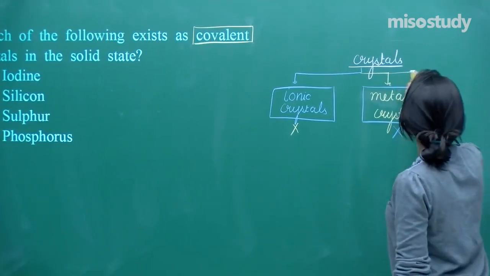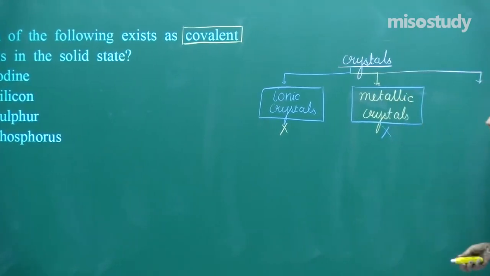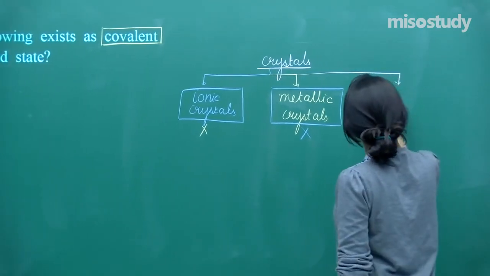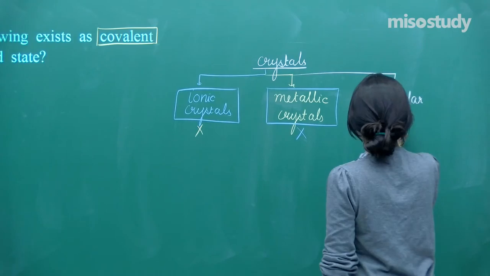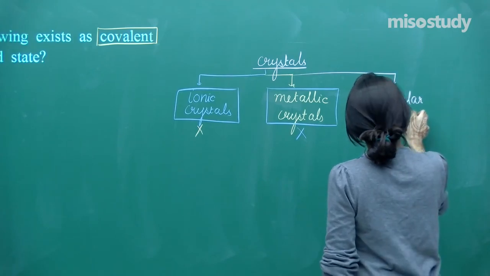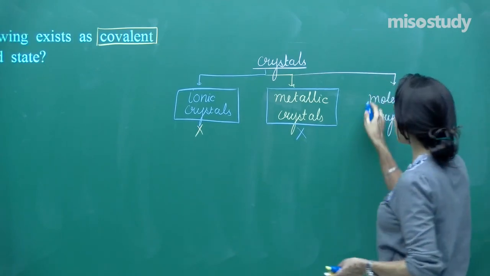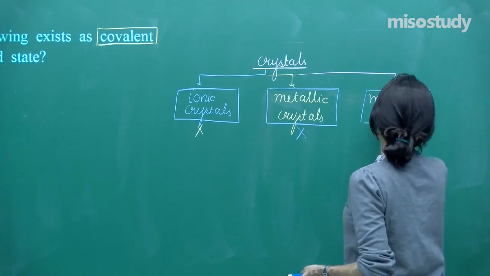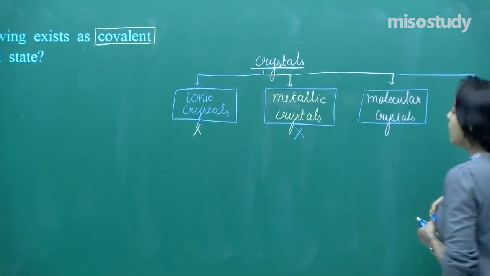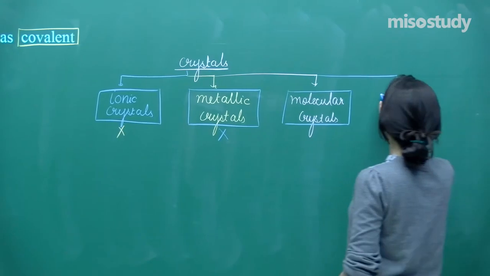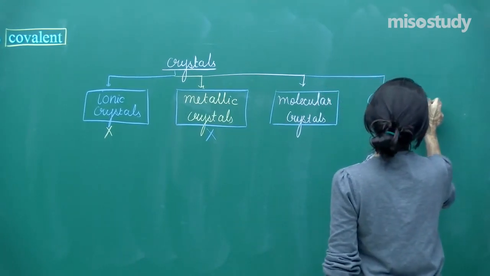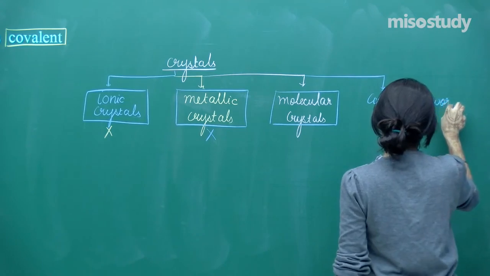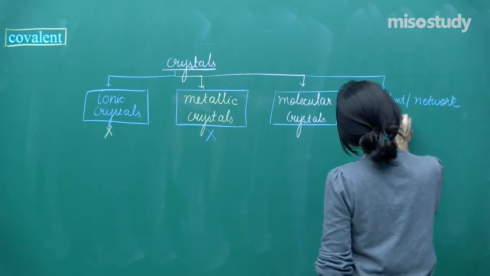Coming on to the third category, I remember teaching you another category as molecular crystals. And there was one fourth category, known as covalent or network crystals.